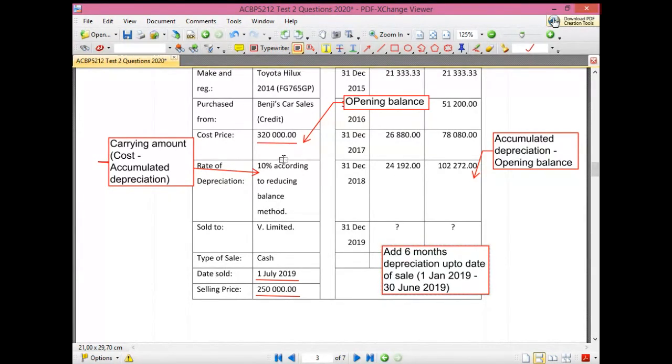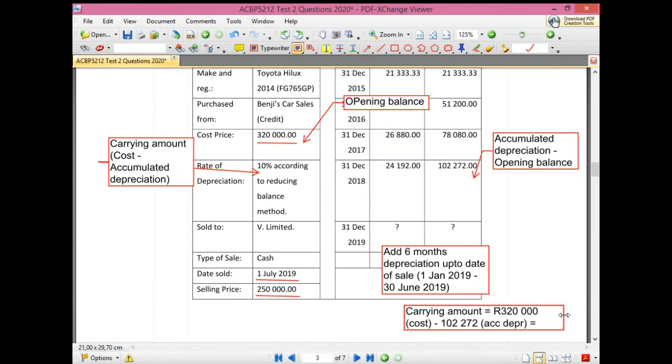Now, because we said depreciation is on the reducing balance method, we take the carrying amount at the end of December. So the carrying amount is calculated as the 320,000, which is the cost, less the 102,272, which is the accumulated depreciation.